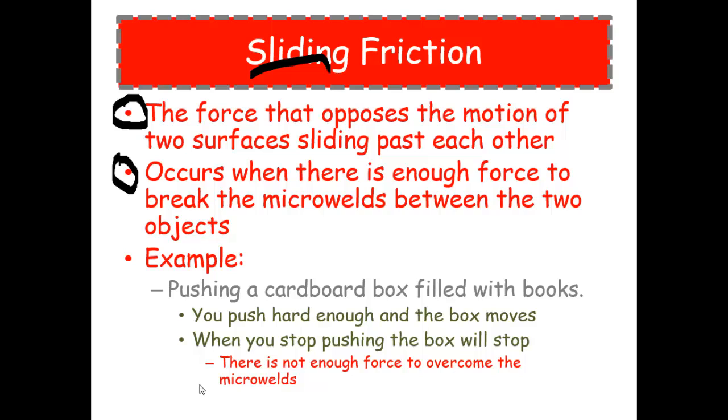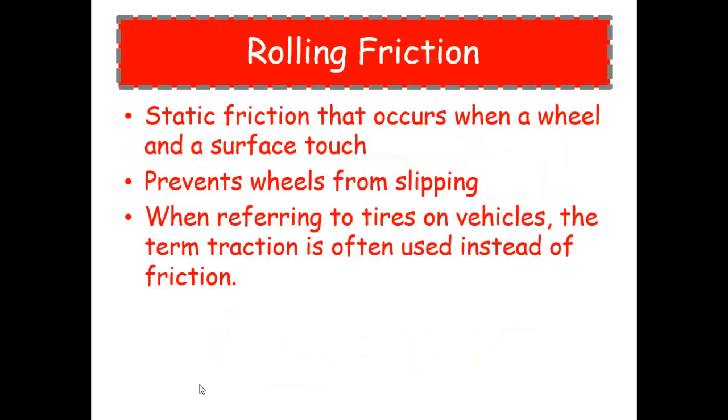There's a very specific type of friction that occurs when a wheel and the surface touch each other. It's kind of easy to remember: rolling. What does a wheel have to do? It has to roll. So this type of friction, for anything that rolls, your wheels, anything that has traction, is called rolling friction.